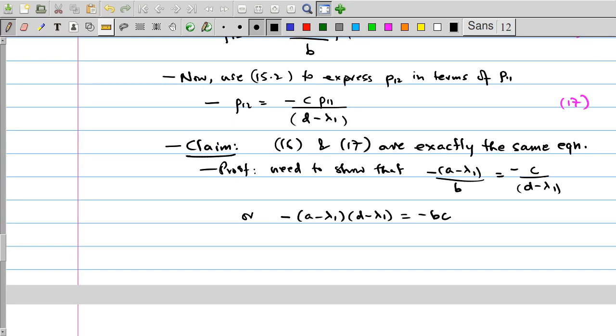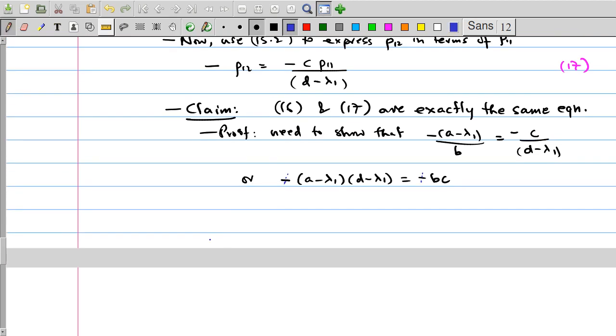Right. Okay, and so then we can cancel out the minuses, and we get lambda 1 squared minus lambda 1 (a plus d) plus ad minus bc equals 0, which is exactly the same equation, and lambda 1 is a solution of that.